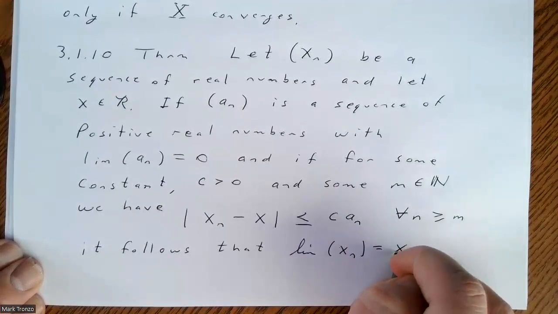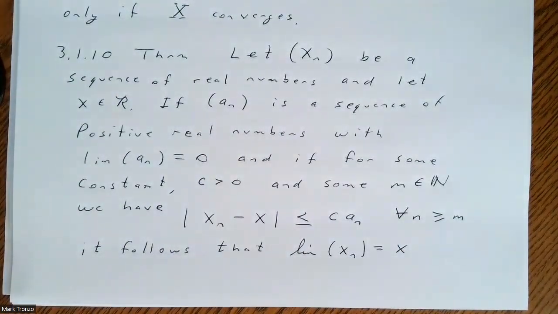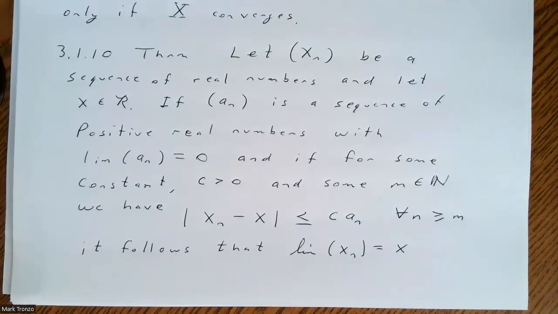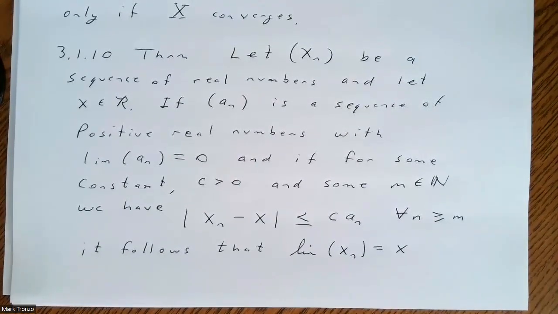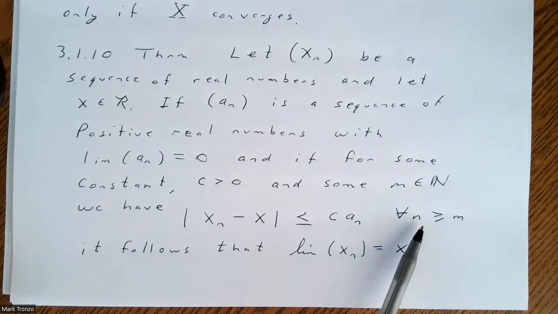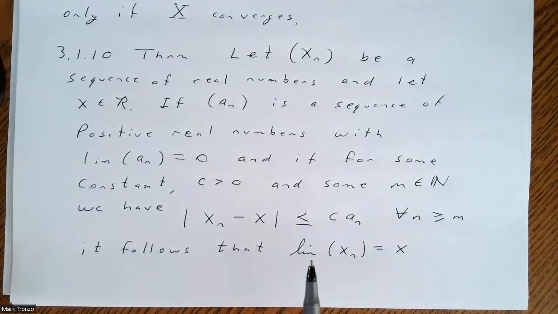So let's think about what they're saying. Let xn be a sequence of real numbers. And if an is a sequence of positive real numbers that converges to 0, and if for some constant c and some m in the naturals, we have that xn minus x is less than or equal to c an for all n greater than or equal to m, it follows that the limit of the sequence xn is x.